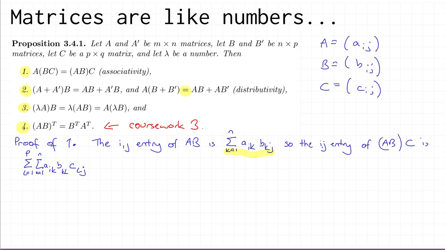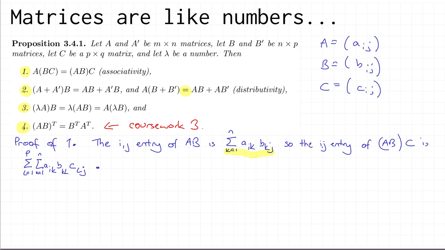Okay, so the sum from L equals 1 to P of the sum from k equals 1 to n of AIK times BKL times CLJ. So we've got this expression for the ij entry of one side, the right-hand side of our supposed equality.